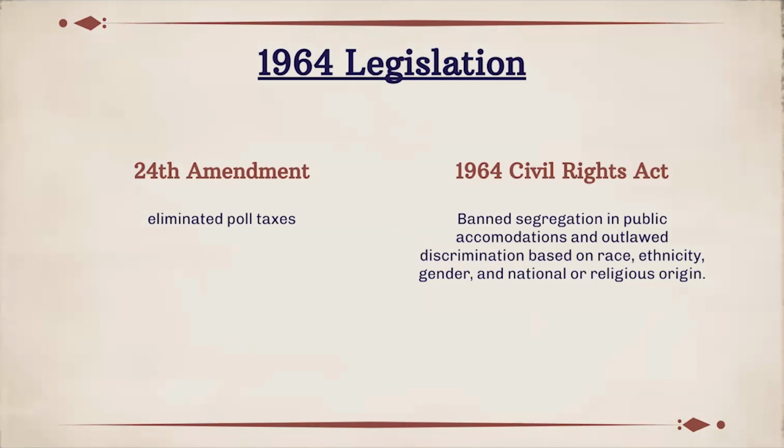It's a pretty comprehensive act that bars segregation in public accommodations and outlaws discrimination based on race, ethnicity, gender, and national or religious origin. When we say public accommodations, we're talking about hotels, transportation, restaurants, all of this.